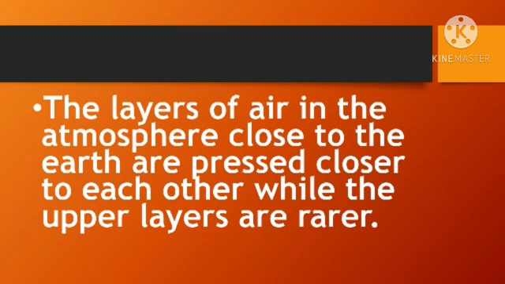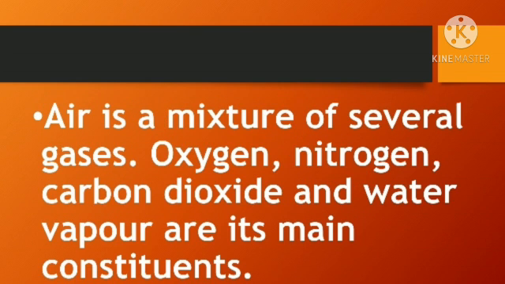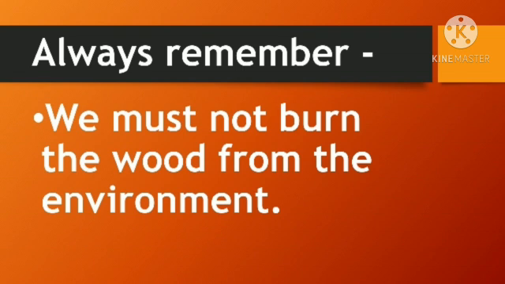The layers of air in the atmosphere close to the earth are pressed closer to each other while the upper layers are rarer. Air is a mixture of several gases. Oxygen, nitrogen, carbon dioxide, and water vapor are its main constituents. Always remember, we must not burn the wood from the environment.